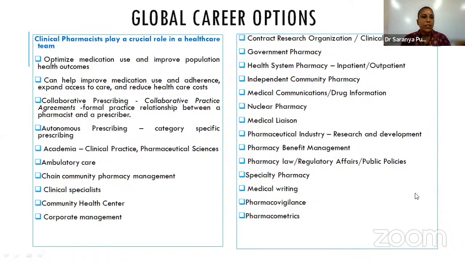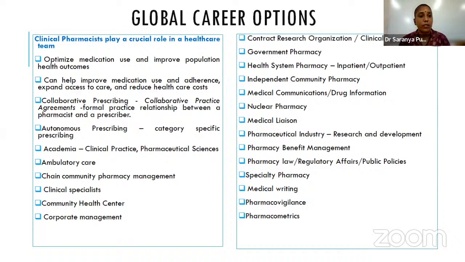As sir has told you, clinical pharmacists play a crucial role in a healthcare team. Before or after a patient gets admitted and prescribed medication, the patient may approach a clinical pharmacist or a community pharmacist, talk about their complaints and problems, and the pharmacist will help the patient move further, even as a consultant.